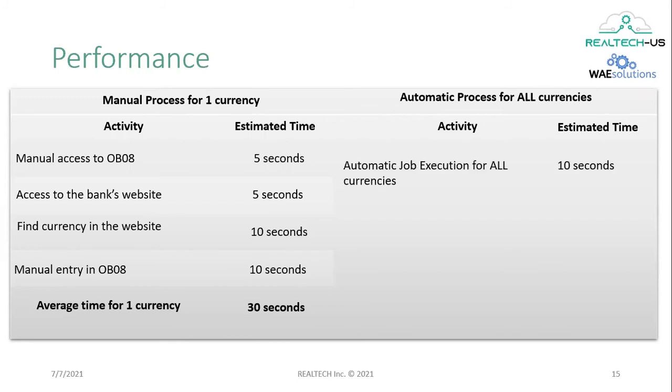On the other side, using our solution takes around 10 seconds for all the currencies that the customer needs. So there is a difference in time, but also in the quantity of exchange rates that are populated in the table TCURR.